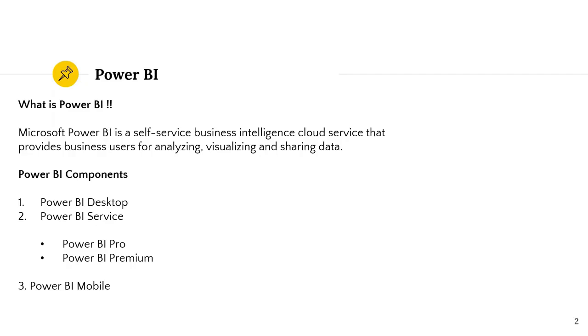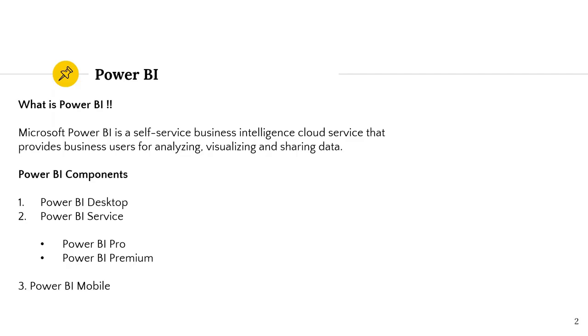Power BI Pro is something specific to the user, that is a license which is given to the user from Microsoft by each and every organization to work on the Power BI service. And Power BI Premium is a premium offering from Microsoft to have even more. Like if I have a large organization with a number of users, we use a term called capacity. So we'll discuss in detail what is Pro and what is Premium.